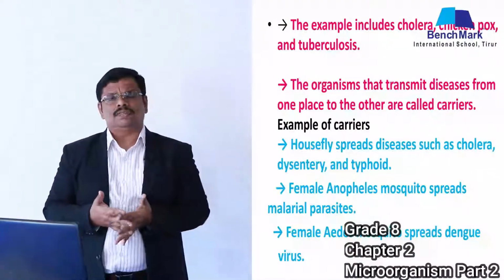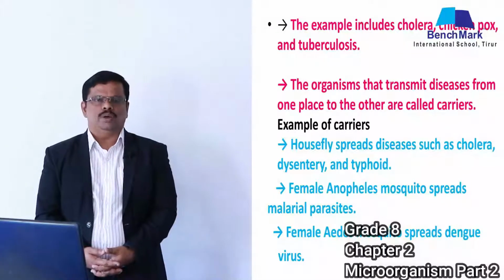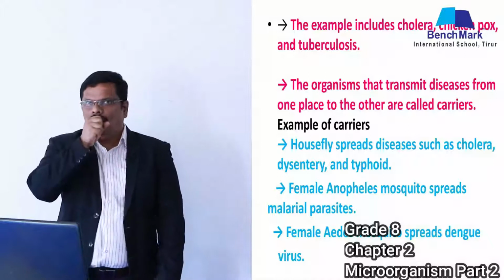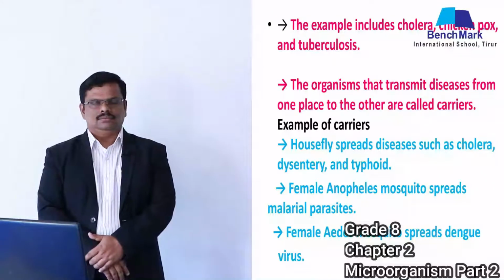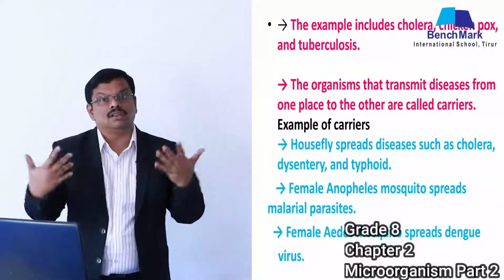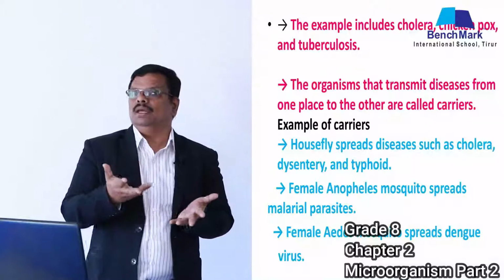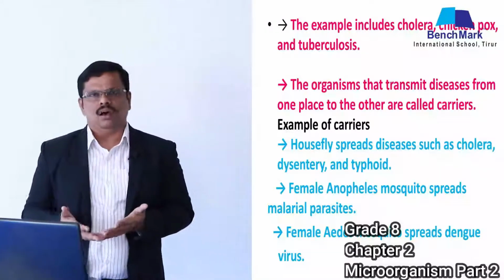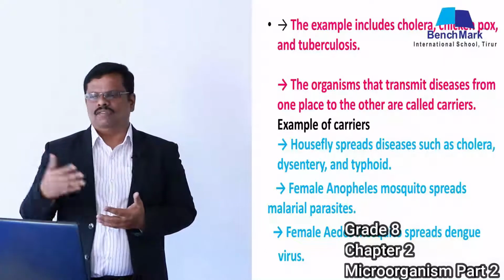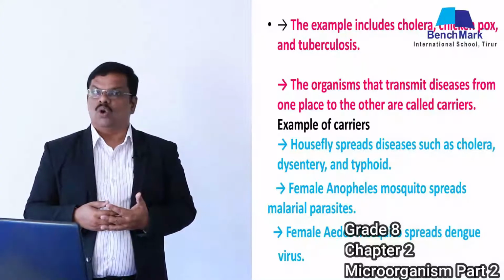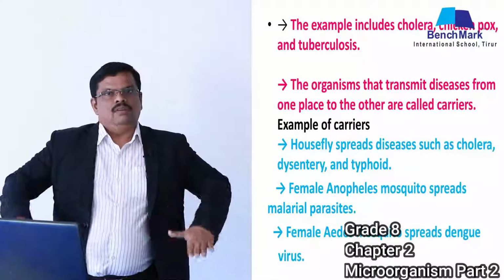And the examples of communicable diseases are cholera, chickenpox, tuberculosis. You might have heard people coughing continuously, so consult a doctor and find out. Tuberculosis, chickenpox, you are very much well aware of that. Cholera, what is it? Continuous loose motions and water will be drained off from your body.